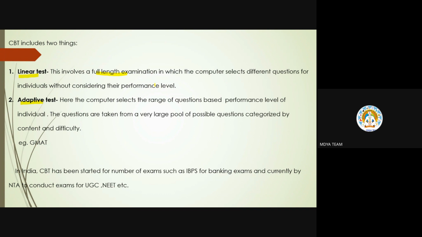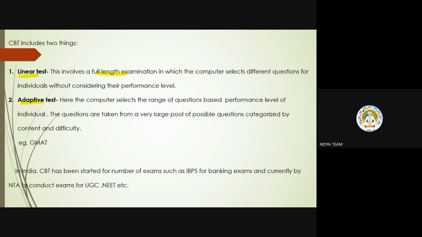But in the adaptive test, the computer selects the range of questions based on your performance level. For example, from question number 1 to 5, the questions were of very low difficulty level. If you performed very well in those 5 questions, the computer will raise the difficulty of the questions to the moderate level.